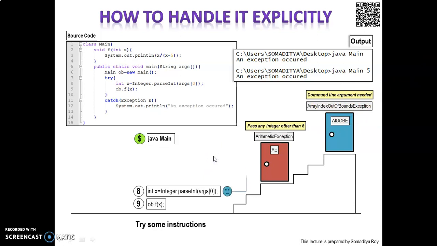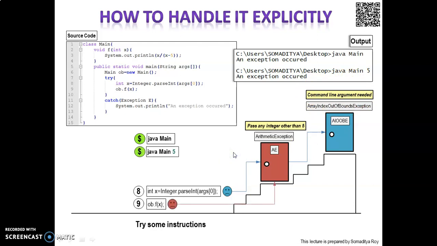So whenever there is an array index out of bound exception, we take the stairs and first find the door with arithmetic exception, but we are not interested in that door. So we will go forward, and finally we find the array index out of bound exception door, and we enter the door and handle the exception like command line argument needed.